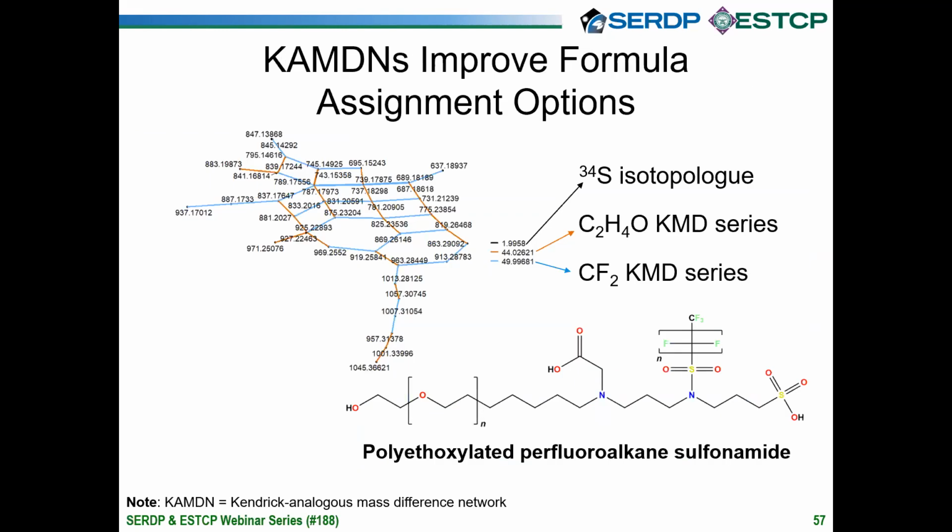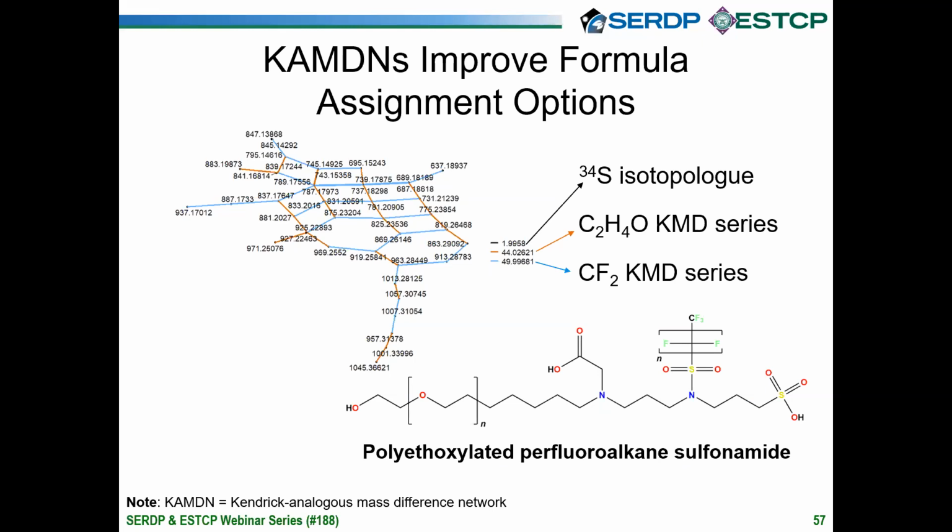So the other tool that we use are Kendrick analogous mass difference networks. Because we cannot get isotopes for just any analyte, maybe because they don't include sulfur, for instance, we use the isotopologue identification, or we use the fact that these are members of CF2 chemical mass defect series to identify compounds.